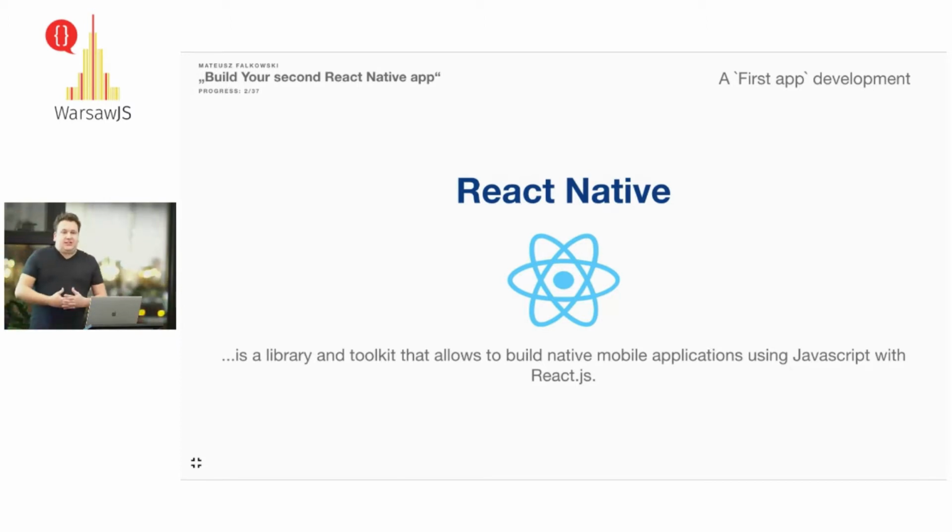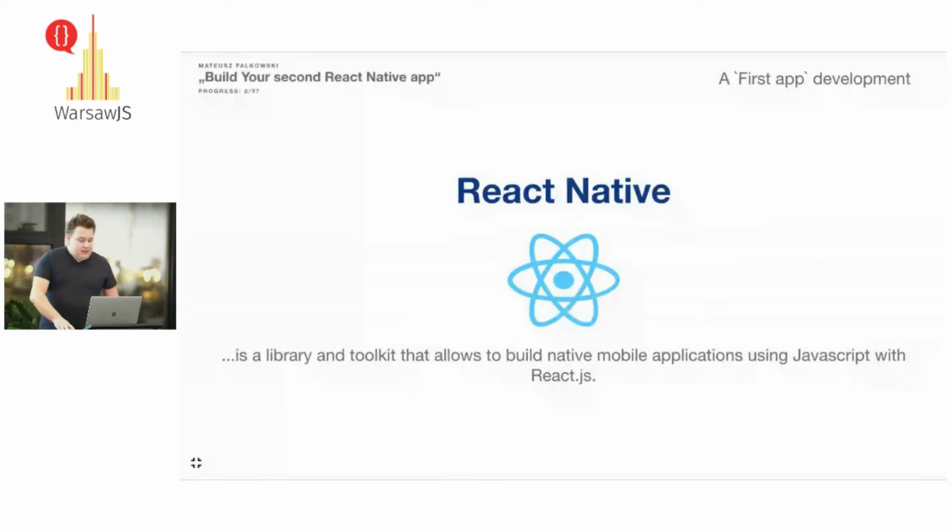It just straightforwardly manipulates the elements in native views on the platforms, iOS and Android. In React Native, the JavaScript is executed in an embedded JavaScript engine and manipulates the view.